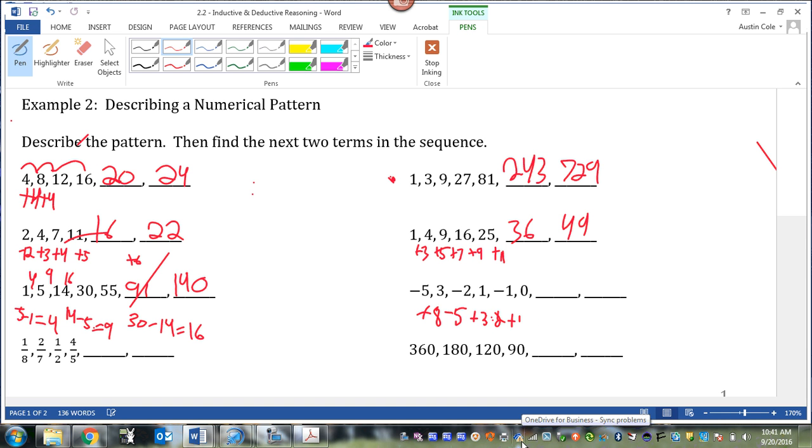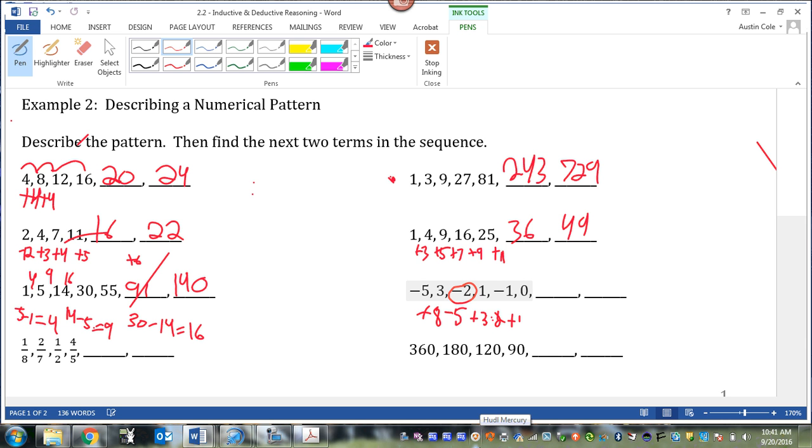Okay. You're completely right. So if you're looking at these numbers, how do you see that up here on the top row? Yep. What's -5 plus 3? -2.